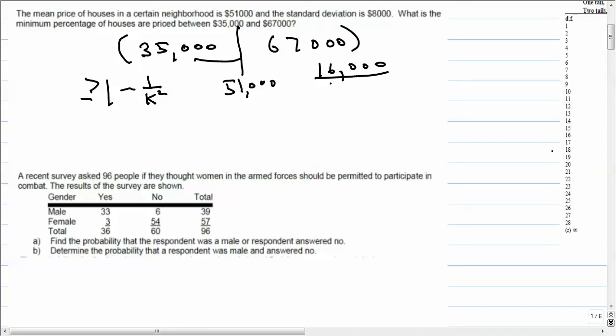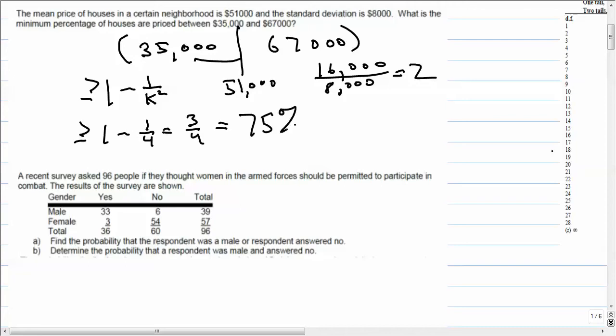If we divide this by 8,000, it tells us that we are 2 standard deviations away from the mean. And since we are 2 standard deviations away from the mean, then we know at least 1 minus 1 over 4, which is 3/4, which is 75%. So at least 75% of your data is going to be between those 2 points.